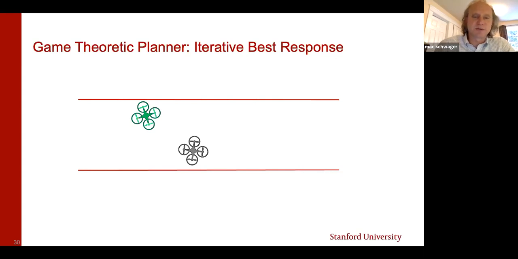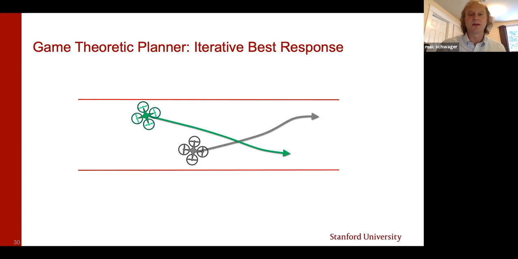So what is iterative best response? The idea is, suppose I'm the green drone and I'm playing against the gray drone. First I assume something dumb for the gray drone, like maybe he stays stationary, and then I plan my optimal trajectory conditioned on that. Then I freeze my trajectory, and I, the green drone, now plan in the place of the gray drone. I hypothesize what the gray drone would do in response.